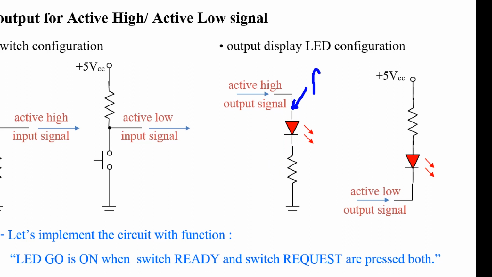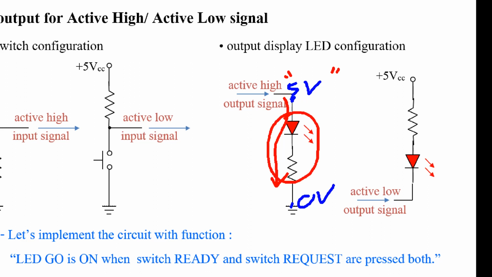This terminal is normally called the anode, and this one is called the cathode. For this one, the current will flow when you apply 5 volt, because ground at this point is 0 volt. The current flows through this one, then the light turns on. So you apply logic high to make this output LED turn on. So it's called active high.